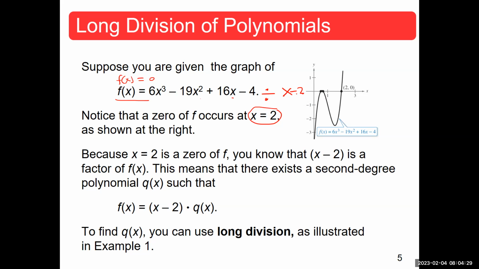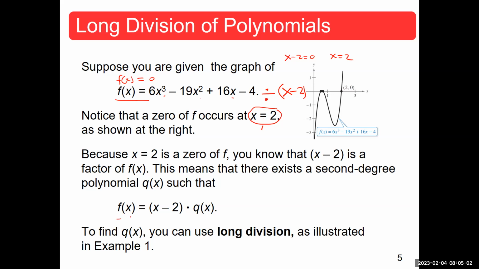We'll see later on why I used x minus 2. Because if I set this equal to 0 as a solution, then x is going to be equal to 2. Now, after you divide by x minus 2, the answer is going to be a new polynomial with lower degree, because the highest degree here is 3, then the answer should have highest degree 2.